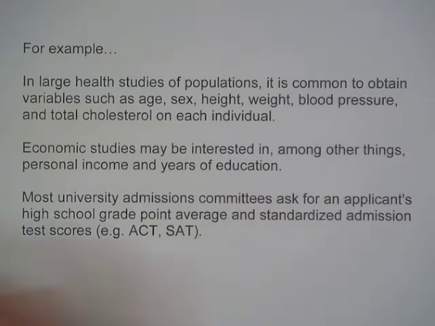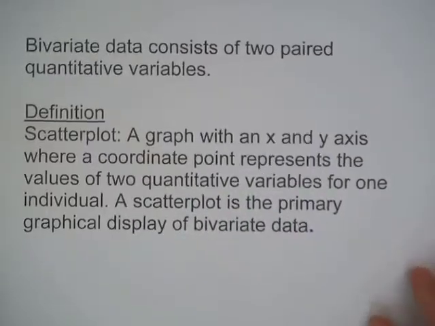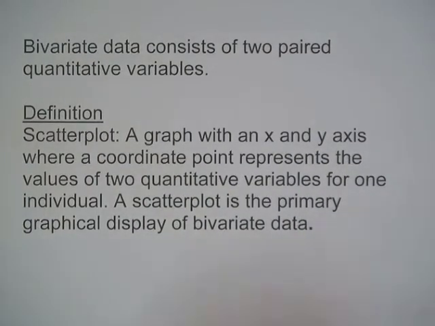So bivariate data consists of two paired quantitative variables. In that last example, if we had an ACT score and a grade point average, those two would be considered bivariate data, if we were to collect both of those pieces of data for a number of individuals.